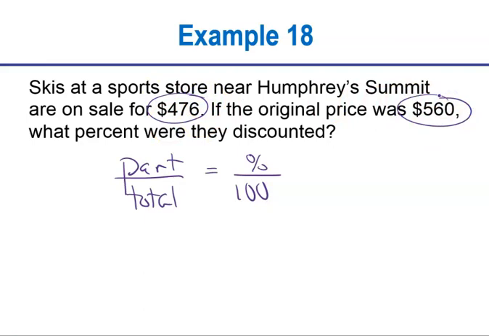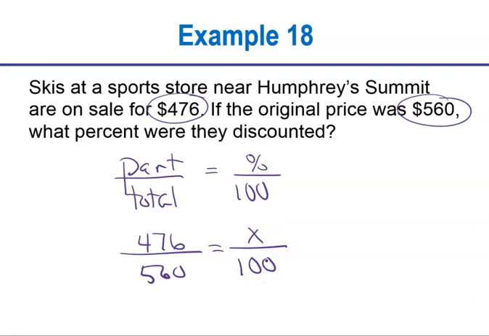So we could calculate what percent was remaining. There's a couple ways to handle this. So I'll show you my version of this, and you can look at their version of this. So the part is definitely $476. The total was $560. We want to know what percent that is.